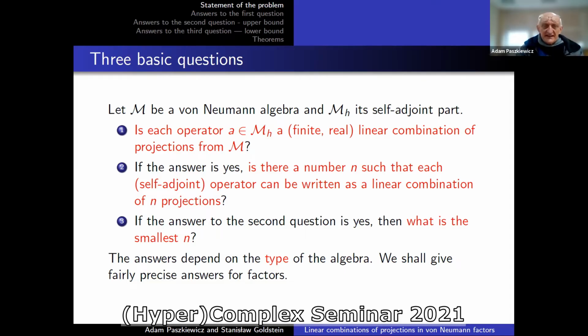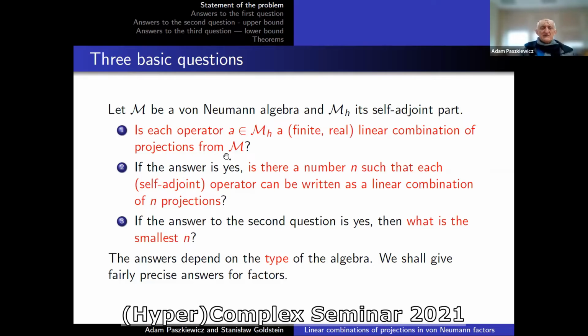So in fact, the first question is: is it possible to represent any self-adjoint operator, a physical observable, as a finite real linear combination of projections in this algebra?